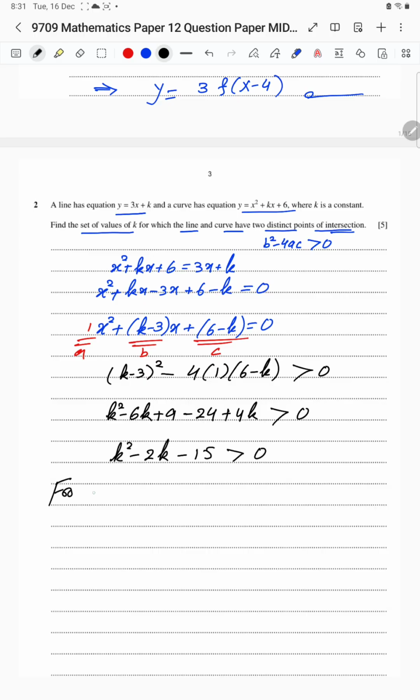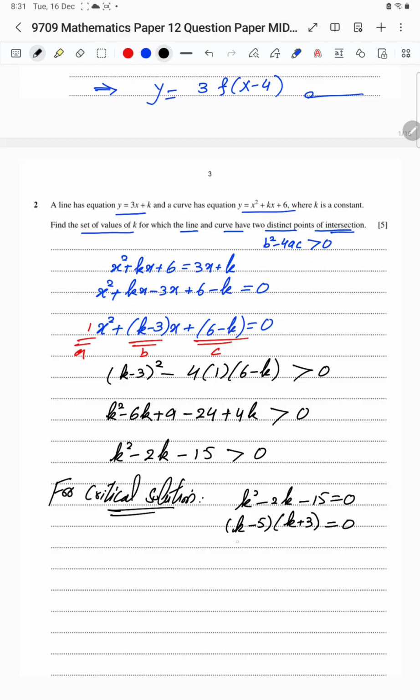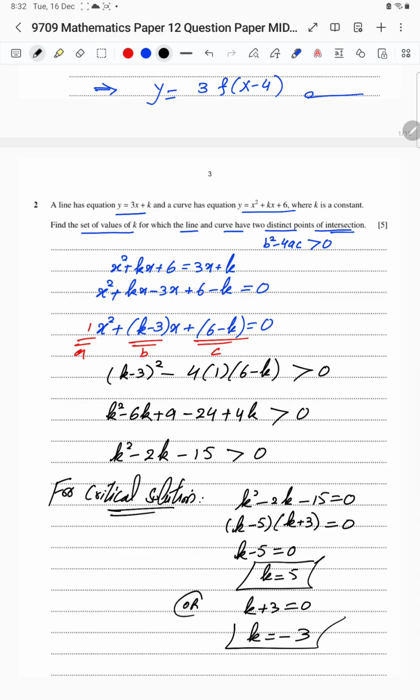For the critical values, we equate this to 0 to solve this inequality, and the factors will be (k minus 5) and (k plus 3). So k minus 5 equals 0 gives k equals 5, or k plus 3 equals 0 gives k equals minus 3.